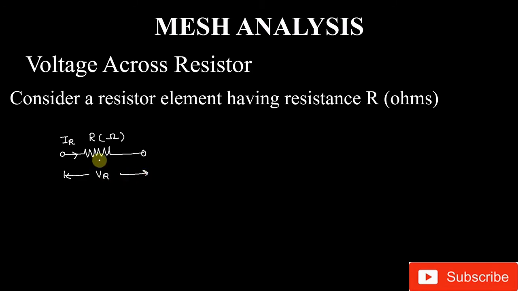So VR is the voltage across the resistance, and IR is the current flowing through it. Our aim is to find VR, the voltage across the resistor.